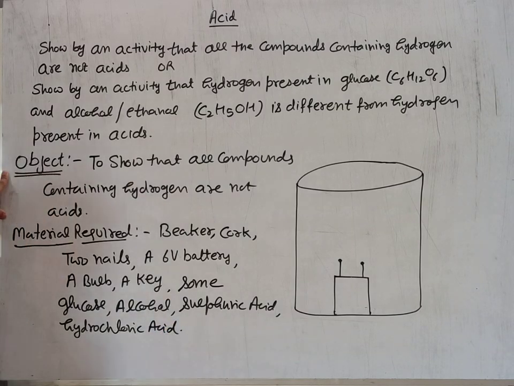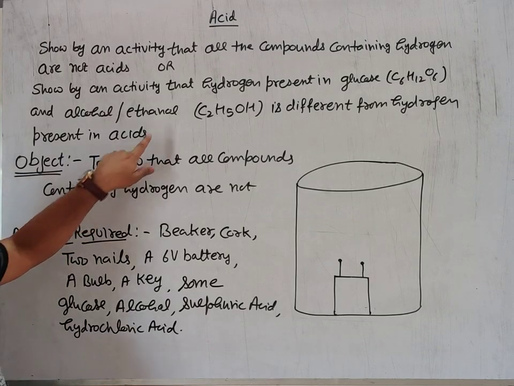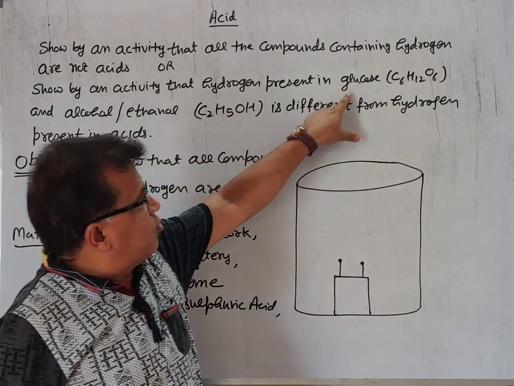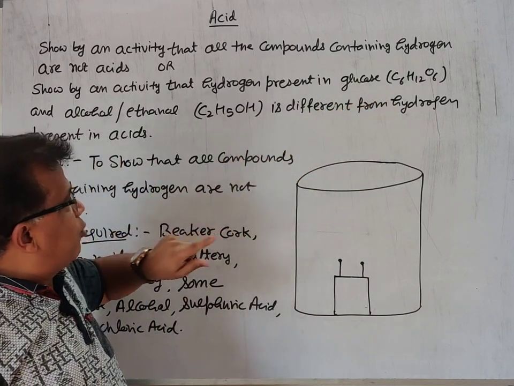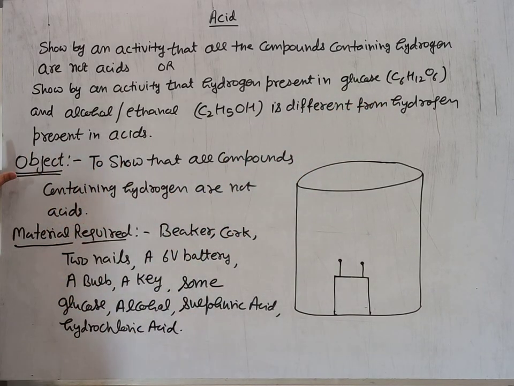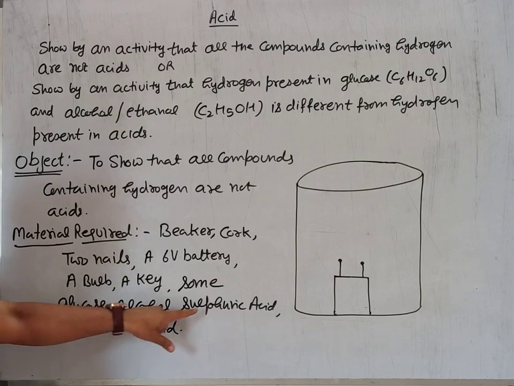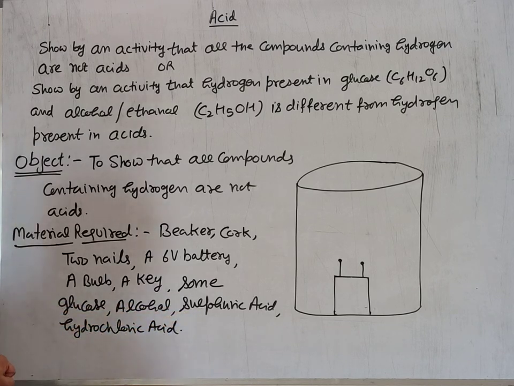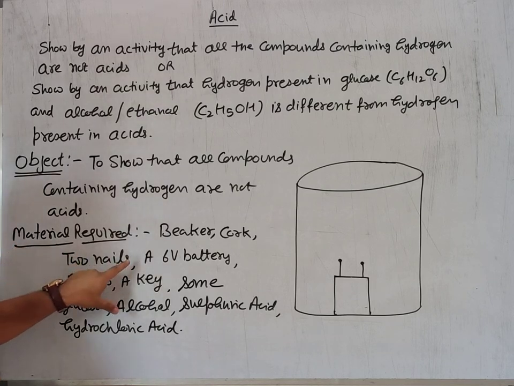So we want to show that all compounds that contain hydrogen are not acid. We take compounds of two categories, alcohol and glucose, which contain hydrogen, and acids, sulfuric acid and hydrochloric acid, which also contain hydrogen. The material required are those.